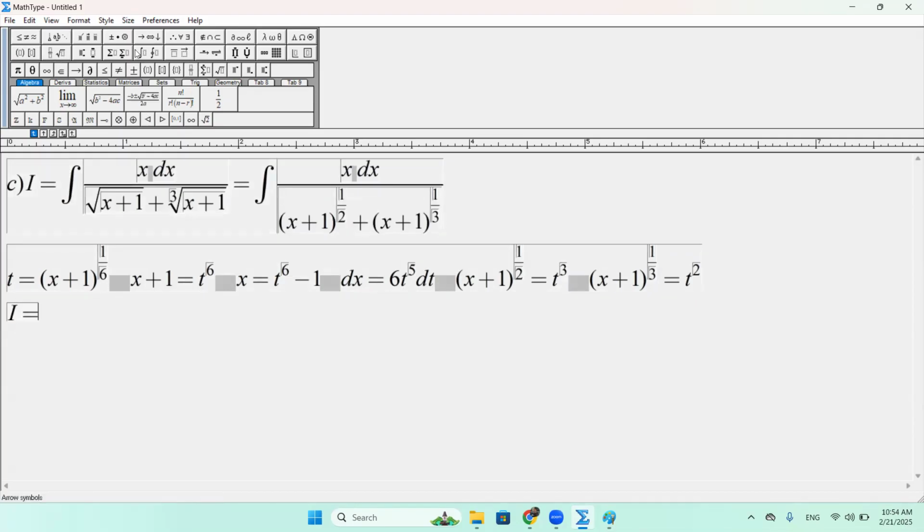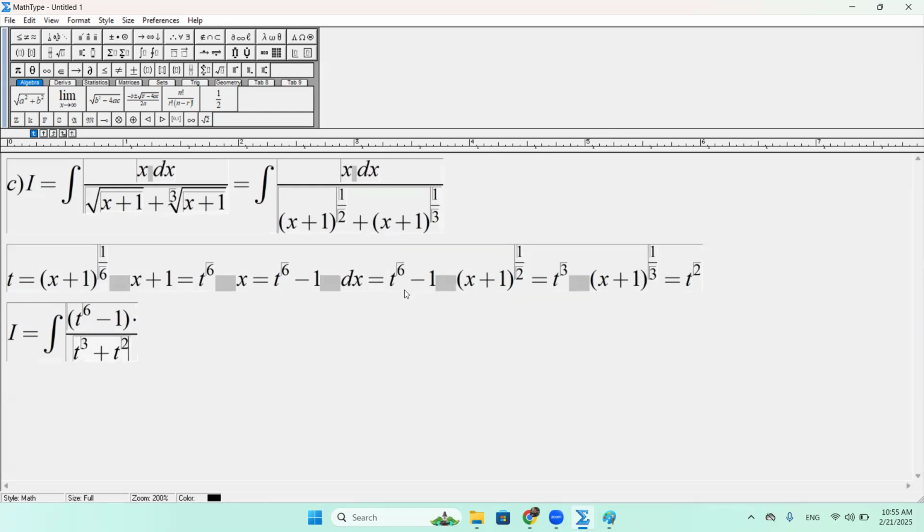So now writing down the new integral of a rational function. So instead of x, t in power of 6 minus 1, dx here, and t cube, oh no, not minus, plus t square.